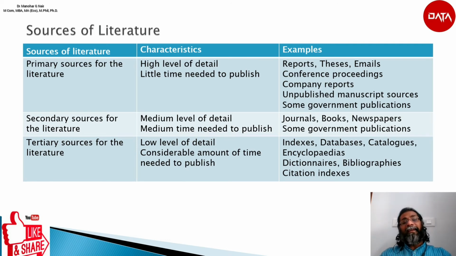But secondary sources of literature will give you only a medium level of detail, but medium time is required to get it published. Examples are journals, books, newspapers, some government publications too. But the third category has a low level of detail and a considerable amount of time needed to get it published. For example, indexes, databases, catalogs, encyclopedias, dictionaries, bibliographies, citation indexes are examples for this category.